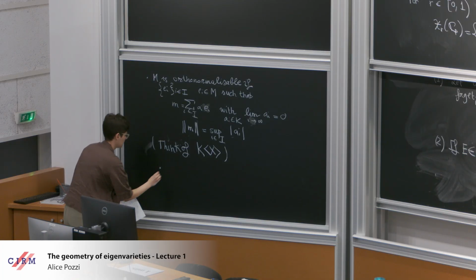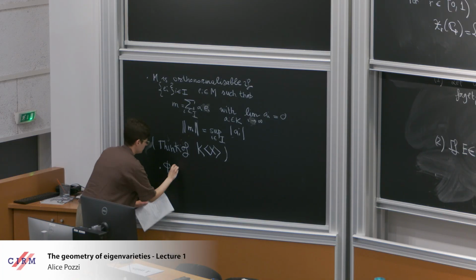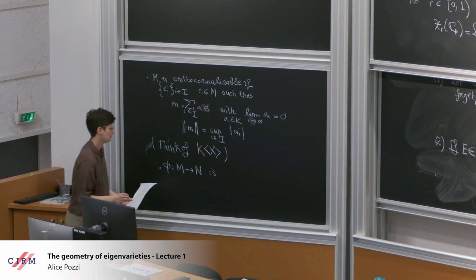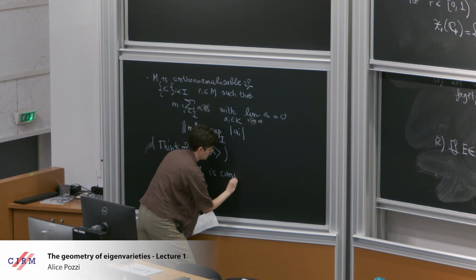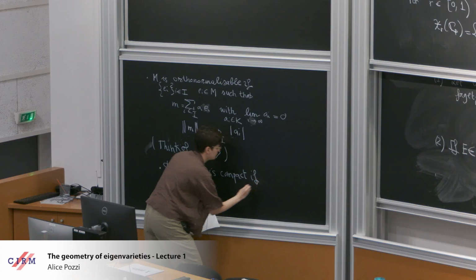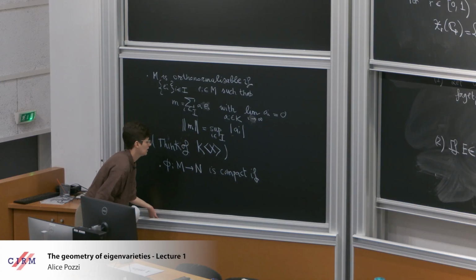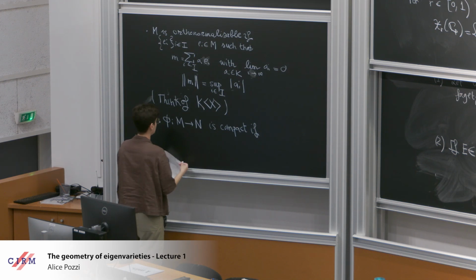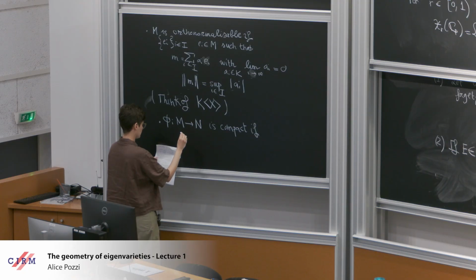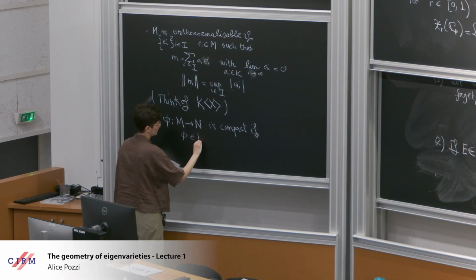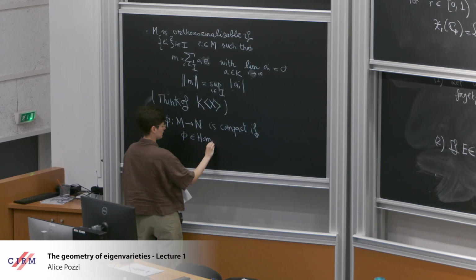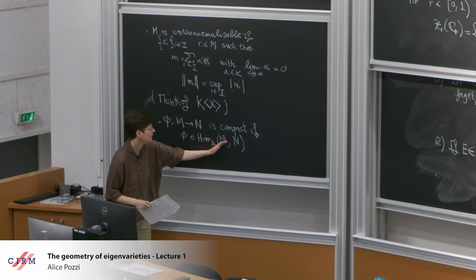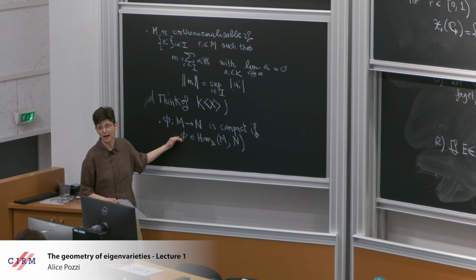Next definition: phi from M to N is compact if, so it's a homomorphism such that, if I look at this inside the Banach module of the homomorphisms from M to N, this is the limit of finite rank operators.